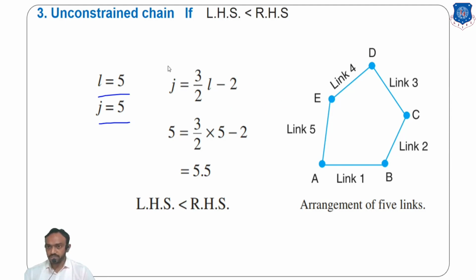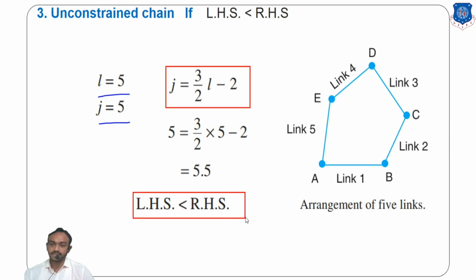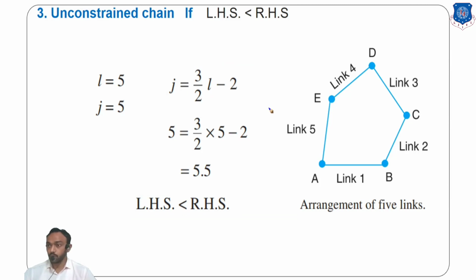Our relation is always J is equal to 3 by 2 L minus 2, and in this case LHS is less than RHS. So the link part, this portion, which depends on links, is higher, and if there are more links than joints, then it becomes unconstrained.